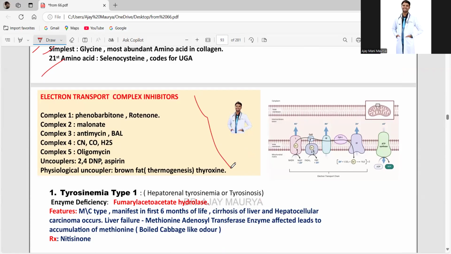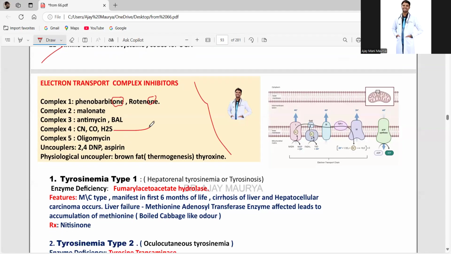Electron transport chain complex inhibitors, for complexes 1, 2, 3, 4, 5. What is going to inhibit? This is complex 1. Remember it is phenobarbital here, rotenone.